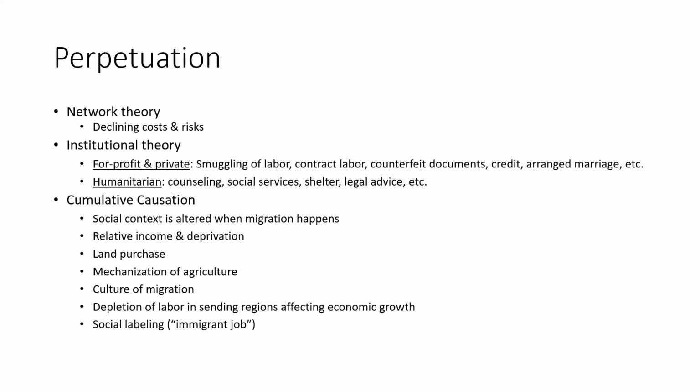And if they come back, either permanently or for vacations, people may see that these migrants are better off. And they may sense that incomes in other places may be higher than income in their places of origin. This is what we mean by relative income.